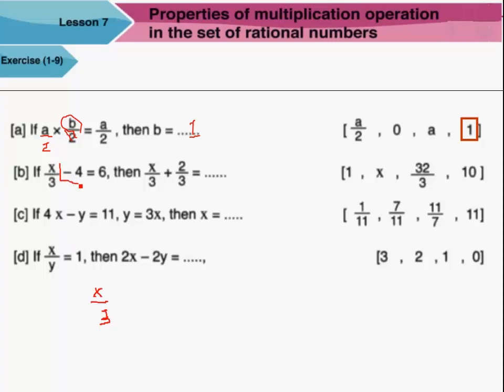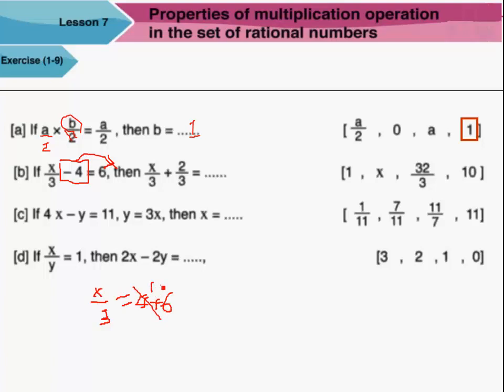We take minus 4 to the other side of the equation. We have to change its sign. Its sign is minus, so it comes here with plus 4.